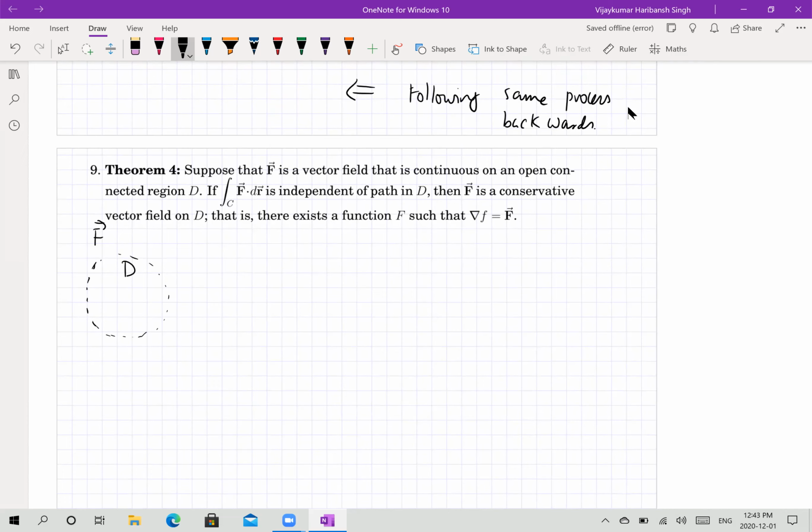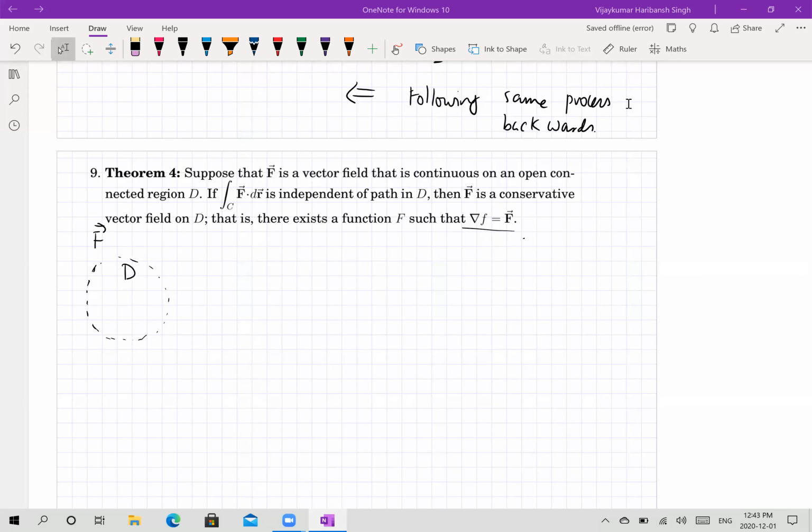Then if the integral of F dot dr is independent of path in D, then F is a conservative field on D. That means there exists f such that grad f equals F. We'll see the proof of this in class, but notice that if the integral of F dot dr is independent of path, then F is a conservative vector field.